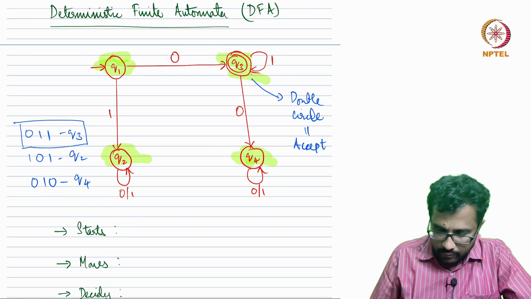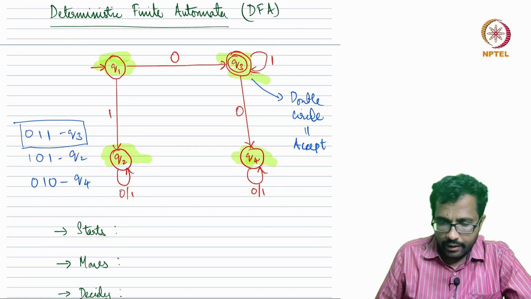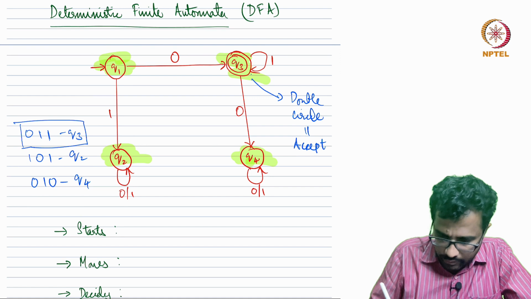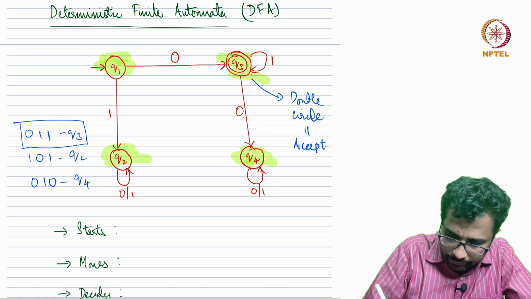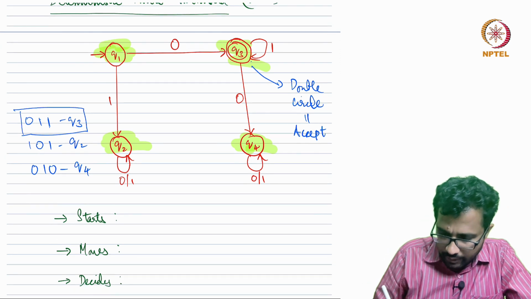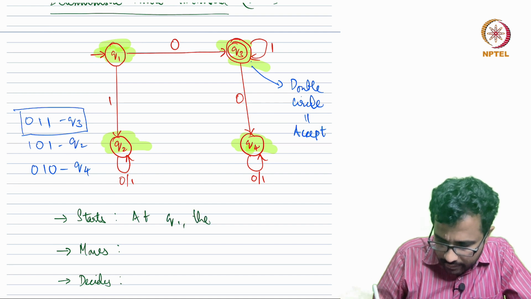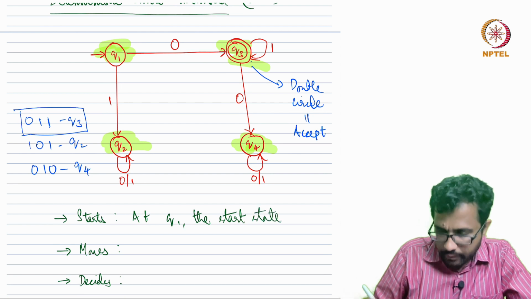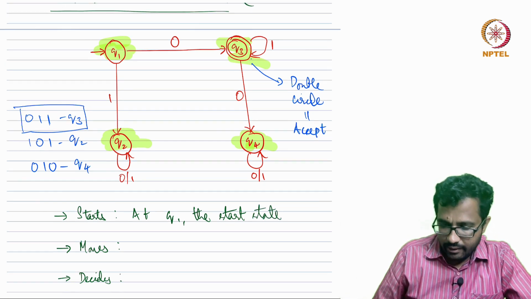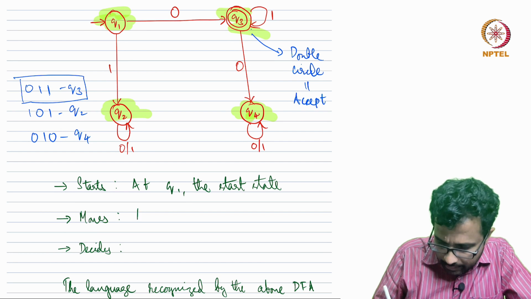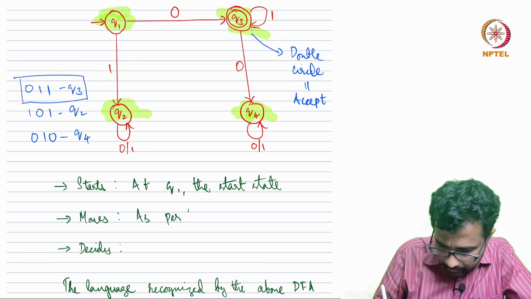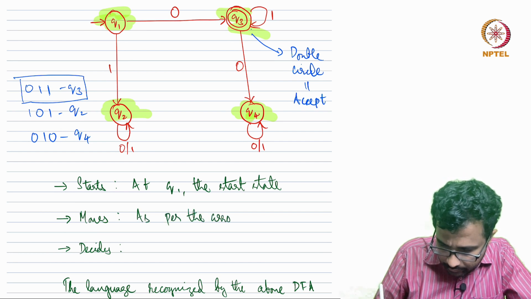So just to summarize this, it starts at Q1, the start state. I'm going to give the definition formally later, but it moves as per the arrows, right?